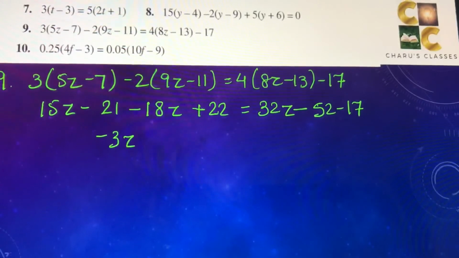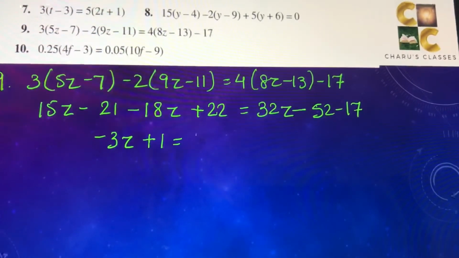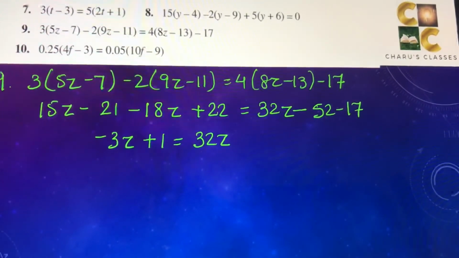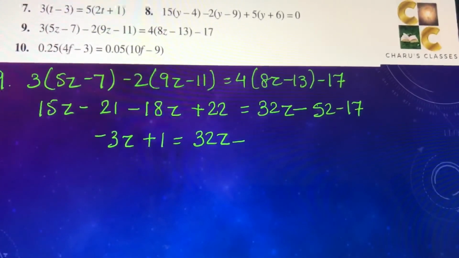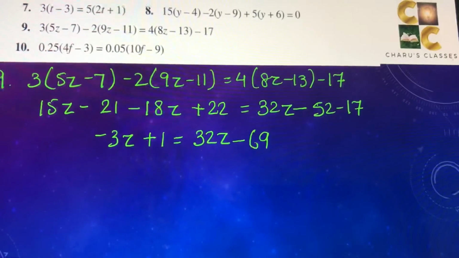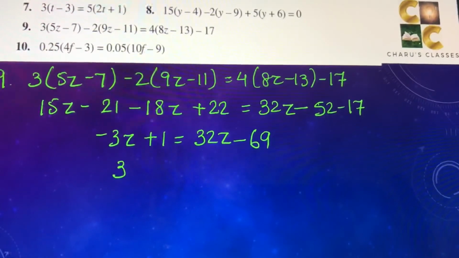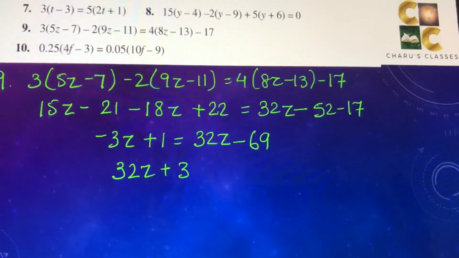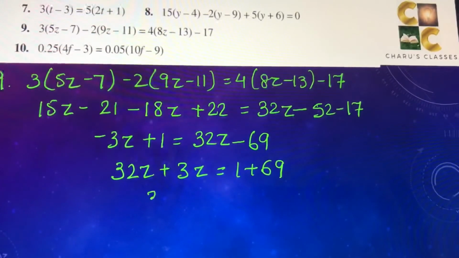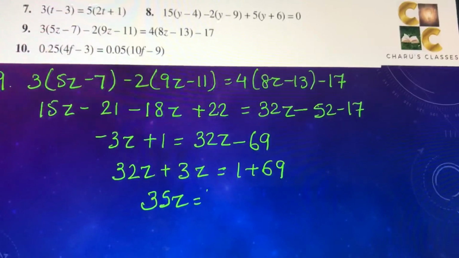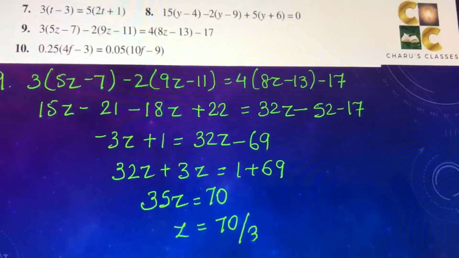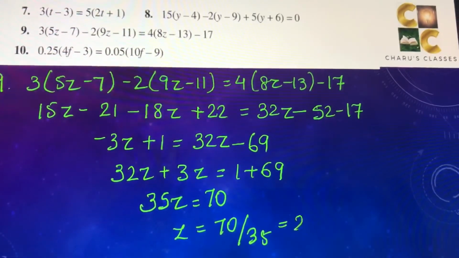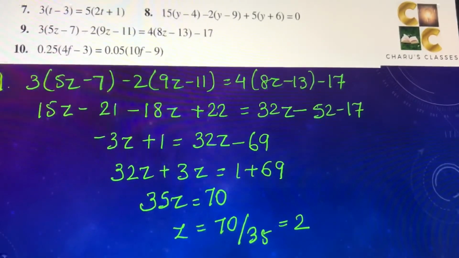So this will give us minus 3z plus 1 is equal to 32z minus, we have 52 and 17, which gives us 69. Or we can say 32z plus 3z is equal to 1 plus 69. 35z is equal to 70, or we can write z is equal to 70 by 35, which is equal to 2.